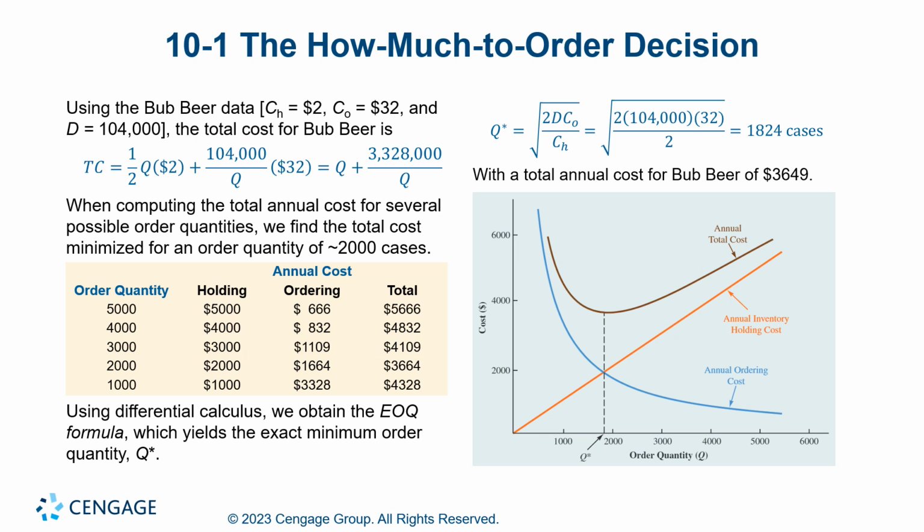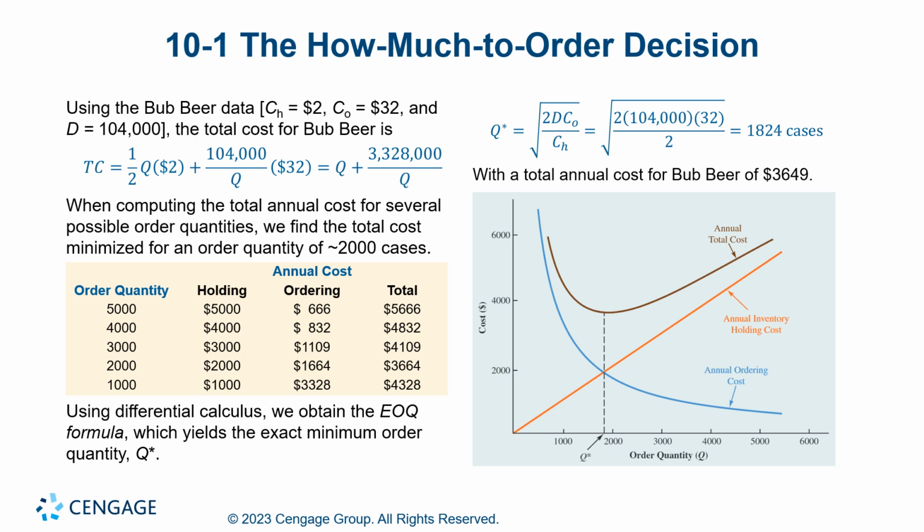To get Q, we take the square root and plug in all this information. The optimal Q, the quantity that would minimize the total cost, is 1824.